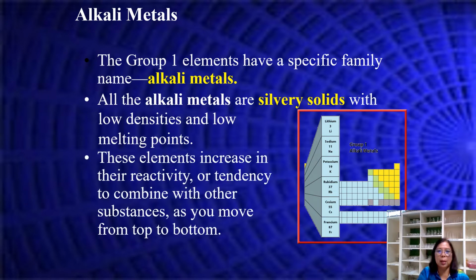These elements increase their reactivity, or tendency to combine with other substances, as you move from top to bottom. So in this case, the most reactive is actually from lithium going down to francium.